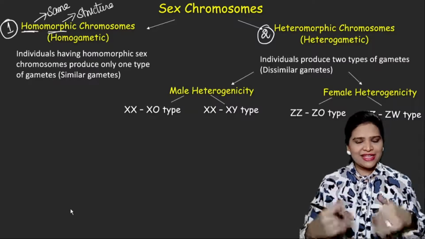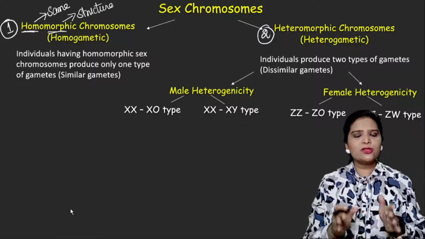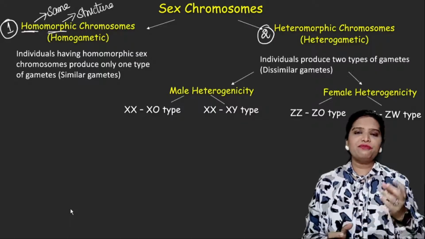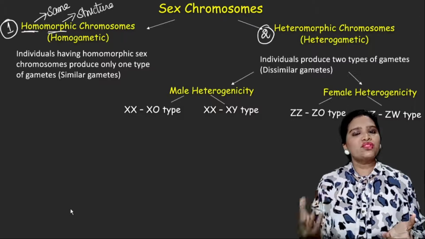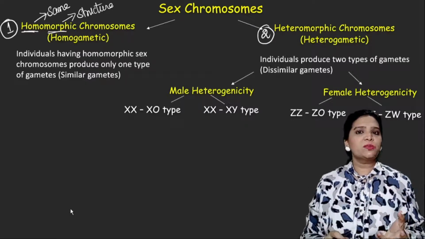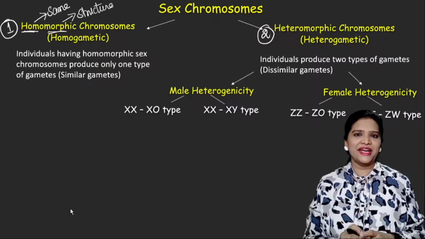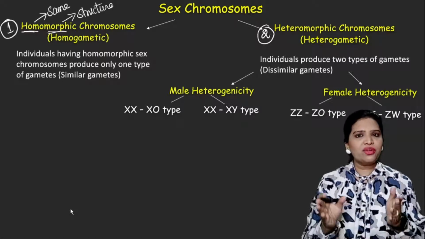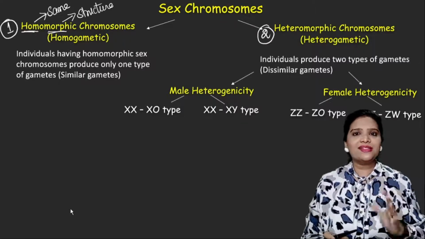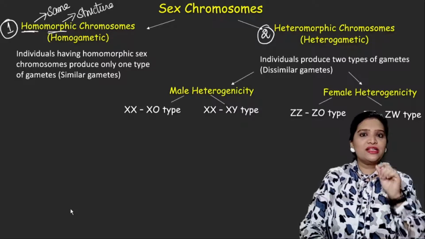And whatever gametes the organisms having such chromosomes produce, the gametes also look alike. Okay, so we could not differentiate here which is the male gamete, which is the female gamete, or on the other hand we can say which is the chromosome responsible for the male characteristics or which is the chromosome responsible for female characteristics. We could not differentiate just by looking phenotypically, by looking externally. So such type of chromosomes are called as homomorphic chromosomes.